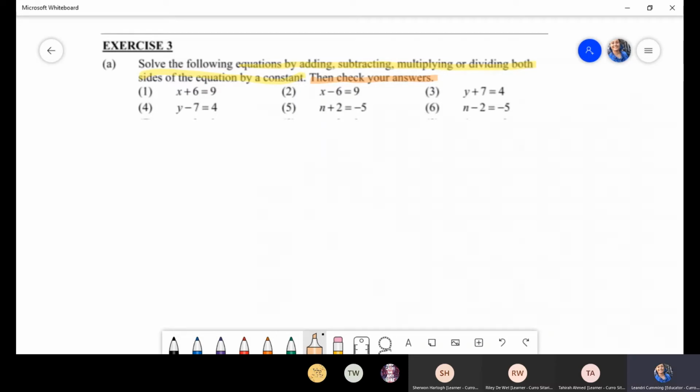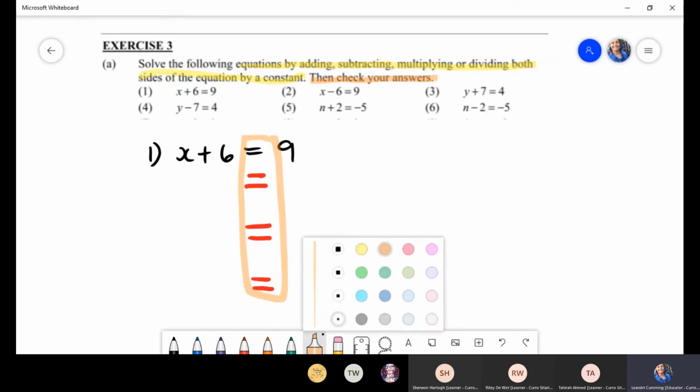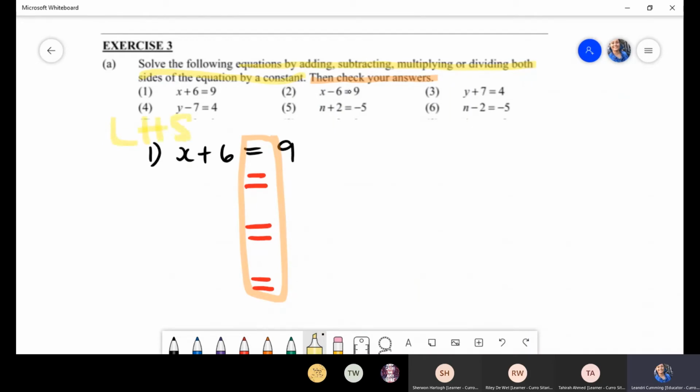So we start with number 1, and we are asked x plus 6 equals 9. And my main concern is to keep my equal sign always directly under each other, so that I can separate the left-hand side from the right-hand side.